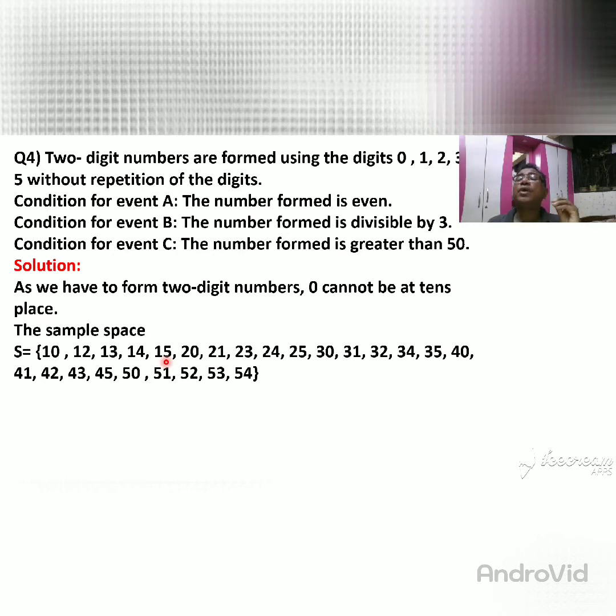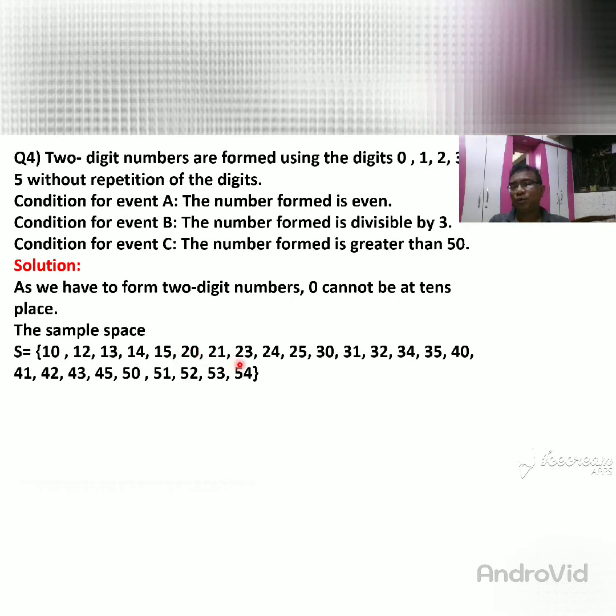When making pairs up to 5 is complete, you go to the next number. Which is the next number? See there, the next number is 2. So you start from 2: 20, 21. That is written here: 20, 21.